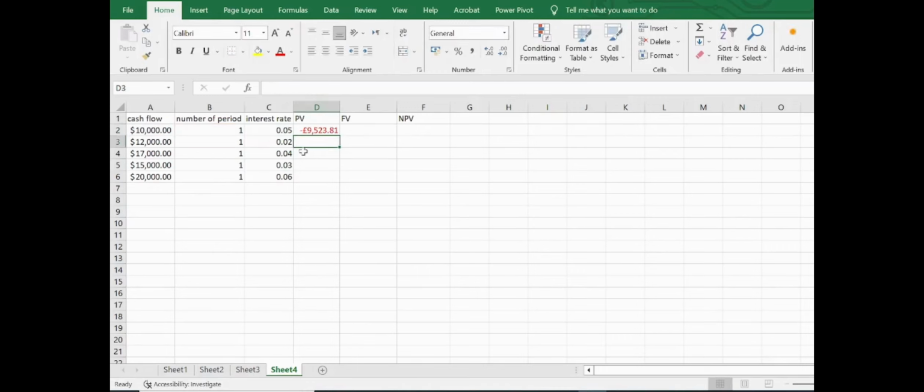The negative sign in present value is normal because that indicates the cash flow in the investment.